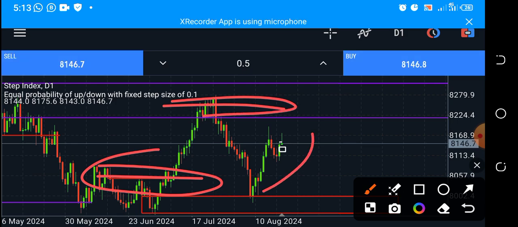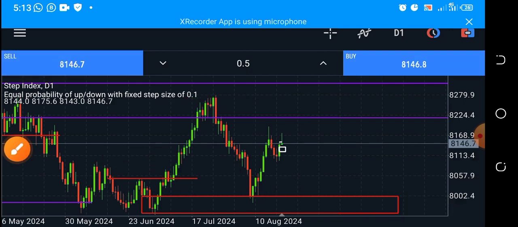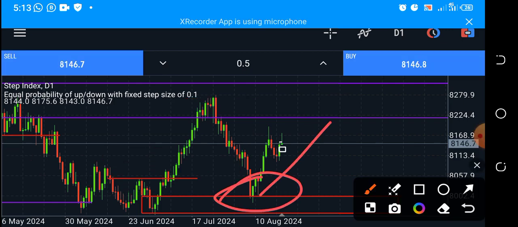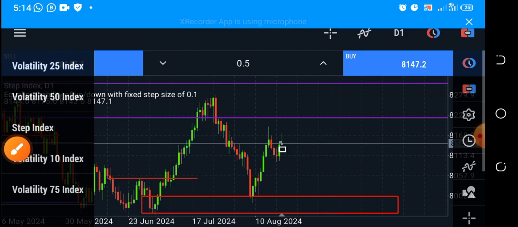So price is playing within this region. Don't get it twisted, this is where price is coming from. Price may even come back here to form a double top or triple bottom, whatever, but get it clear that this is where price is coming from. Whatever you're doing here, be careful, because price is still trending upwards.